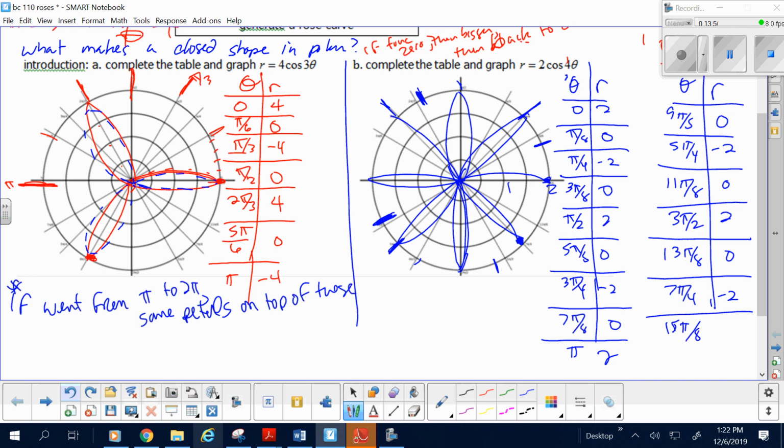I'm running empty here. Is 0, yeah? And last but not least, 16 pi over 8, or 2 pi, is 2. So 4 theta is not actually 4 petals. It's 8 petals.